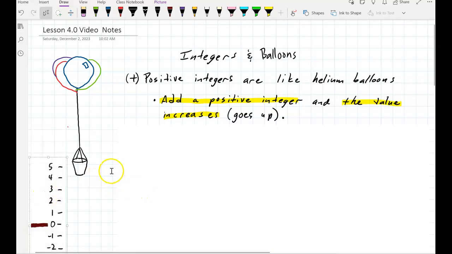I had 1 helium balloon, I added 3 more, so it went up to 4. And that makes sense because 1 plus 3 equals 4, right?